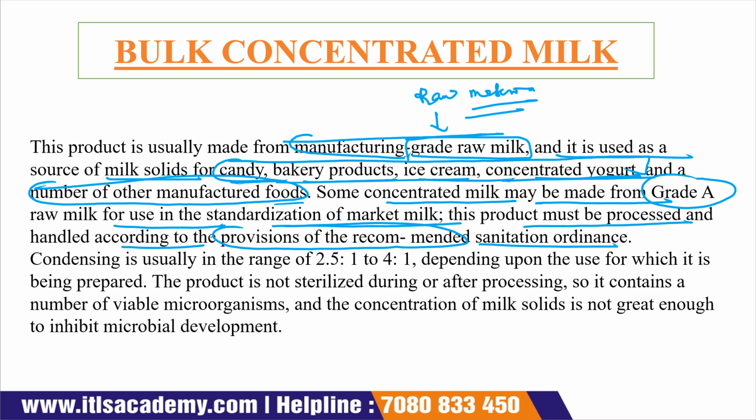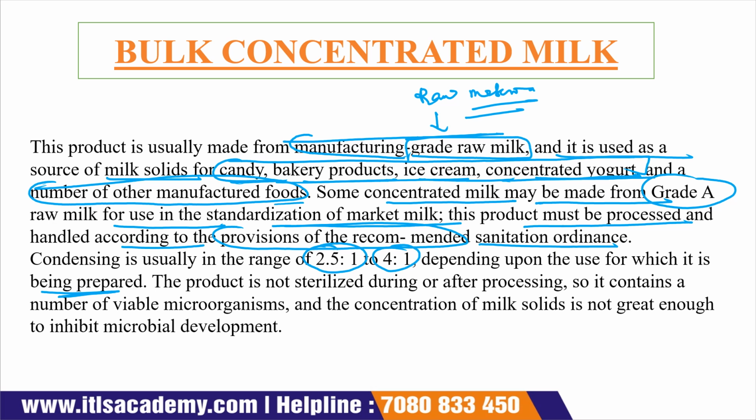Now, condensing is usually in the range of 2.5 to 1 to 4 to 1, depending upon the end use for which it is being prepared.